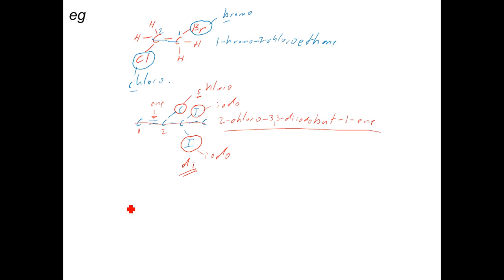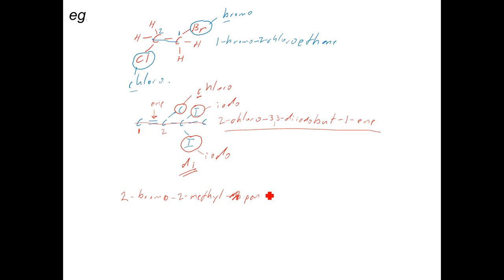Just one more going in the opposite direction. So this time I'll give you the name and we'll write the formula. So we'll go with 2-bromo, 3-methyl.